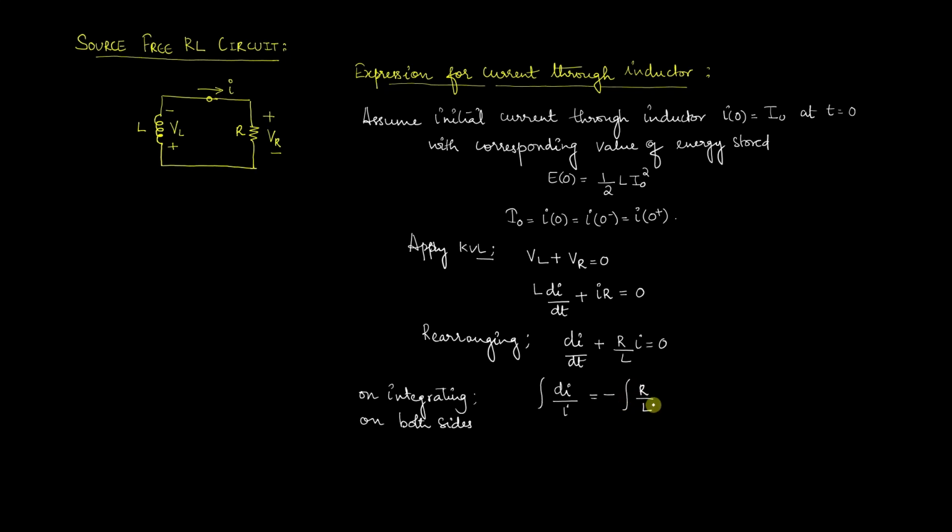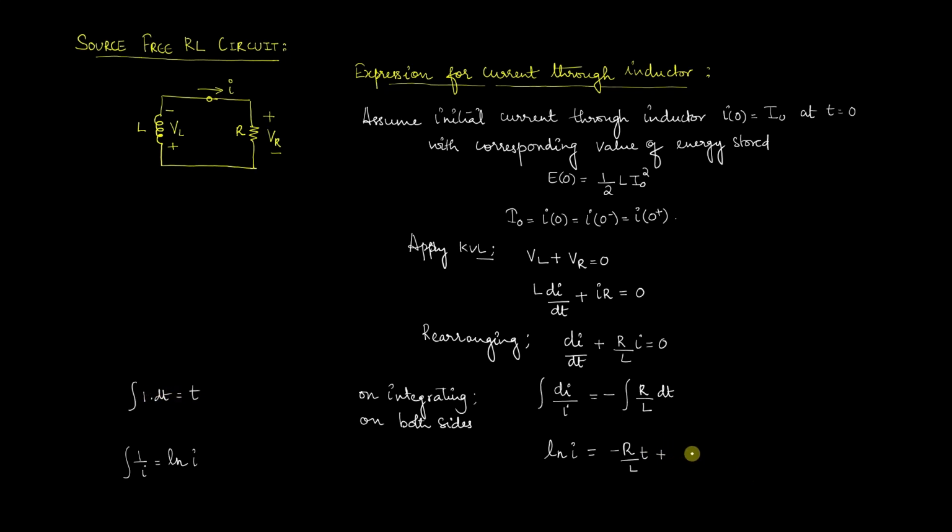Now we know that integration of 1 by I is equal to the natural logarithm of I. So this can be written as ln of I equal to minus R by L into t, since integration of 1 dt is going to be equal to t, plus the constant.